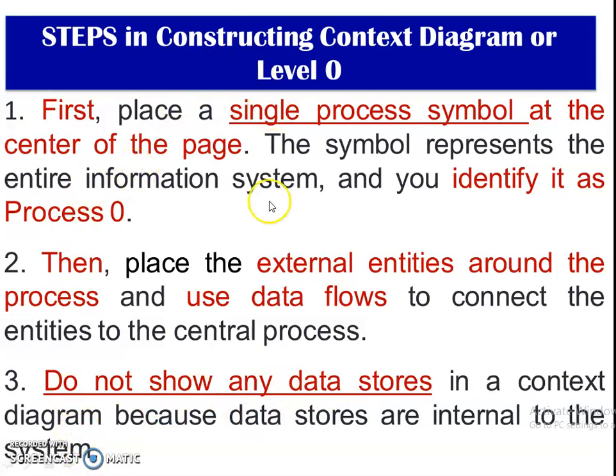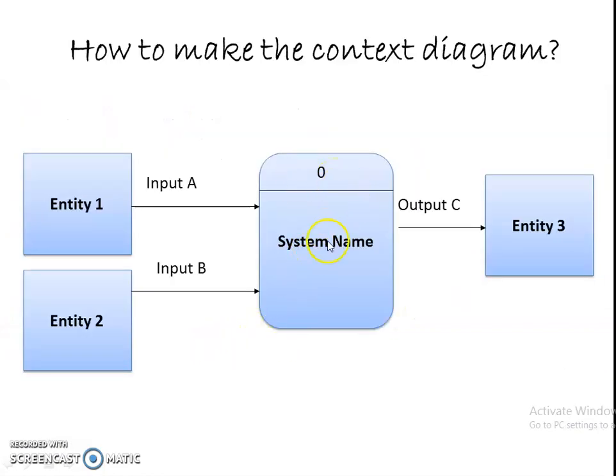So how do you create a level 0 or context diagram? First, place a single process symbol at the center of the page and identify it as process 0. Then surround the process with all the external entities, and use data flows to connect these external entities to the central process. This is the format. It depends on how many external entities there are in that particular system.